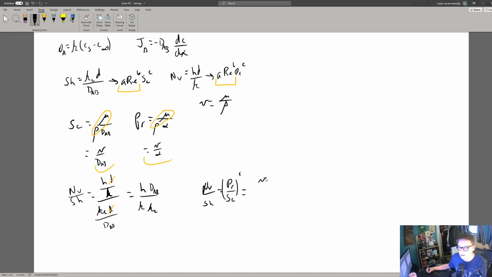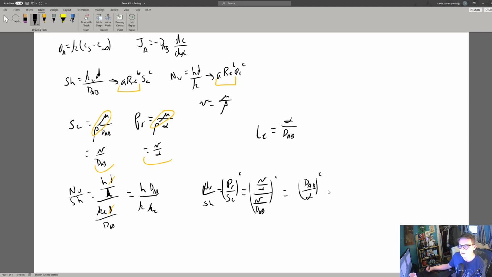So we will have the kinematic viscosity divided by the thermal diffusivity, divided by the kinematic viscosity divided by the mass diffusivity, all raised to the power c, is equal to the mass diffusivity divided by the thermal diffusivity raised to the power c. And if we look at the definition for the Lewis number, the Lewis number is equal to the thermal diffusivity divided by the mass diffusivity.